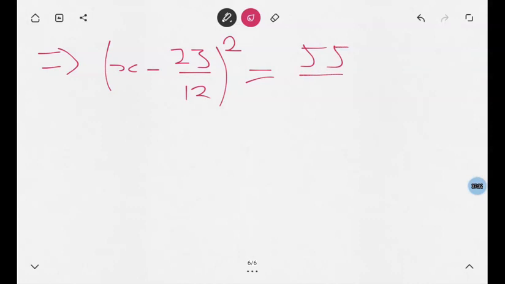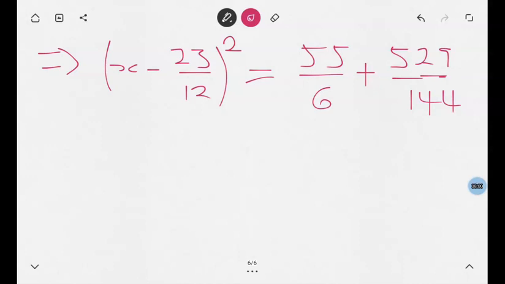So we will be left with x minus 23 over 12 squared, equal to 55 over 6 plus 529 over 144, that is after simplifying the right hand side.